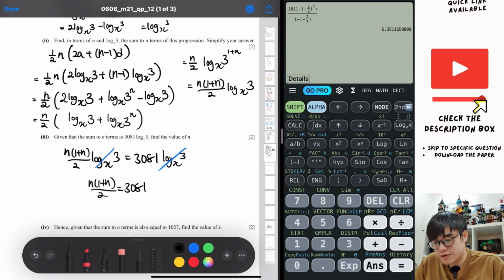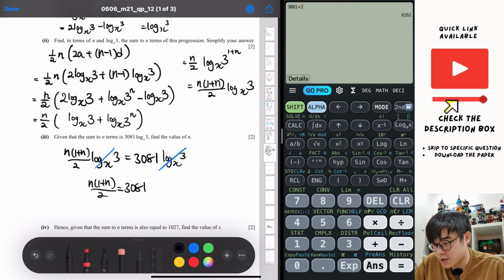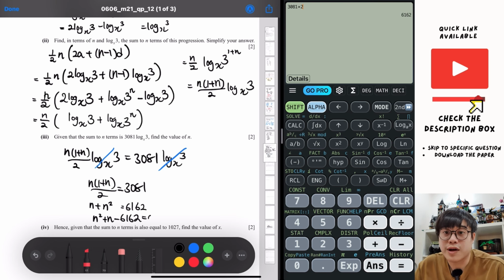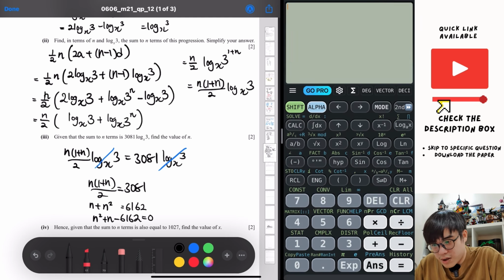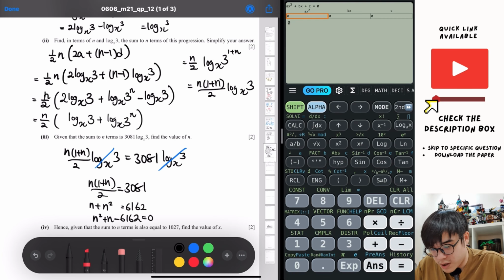I will be taking 3081 times 2, you get 6162. Readjust them, then you can go on and find your value of n here. So use the same mode. We're using this one, negative 6162.